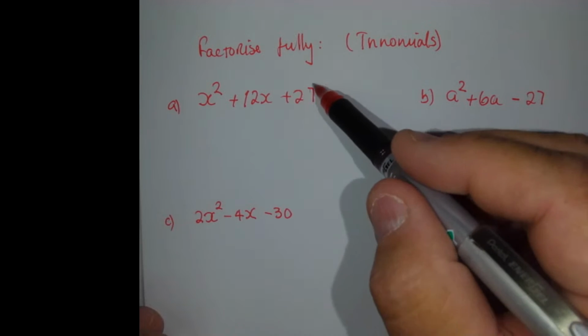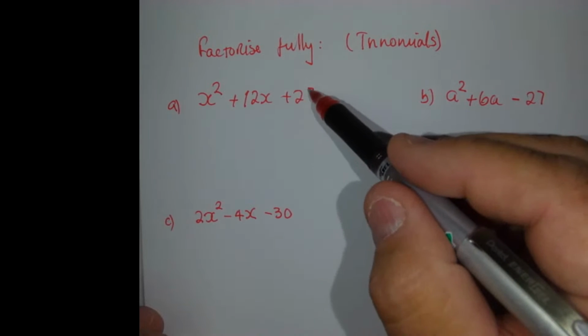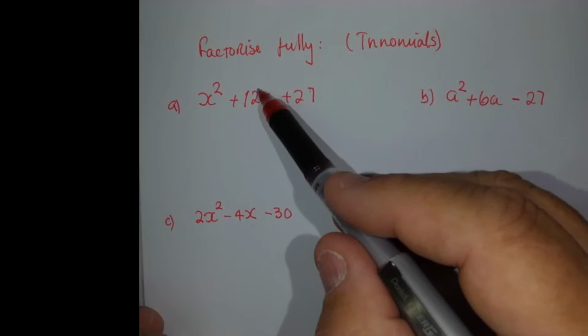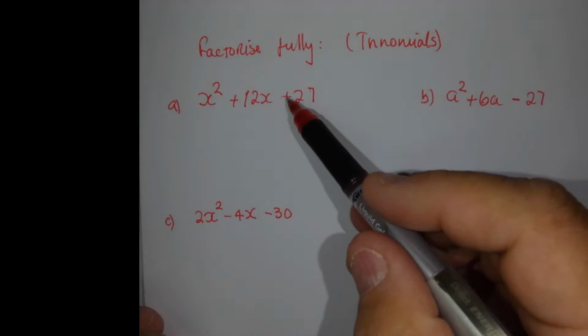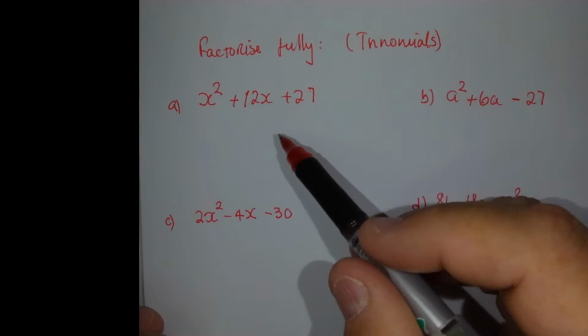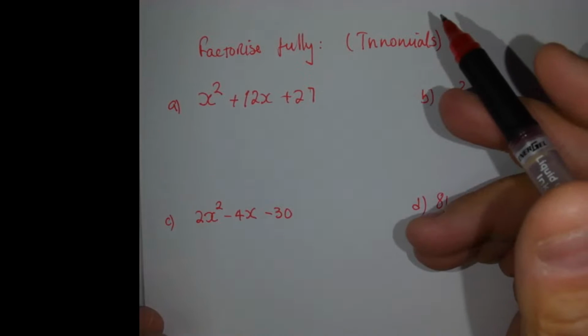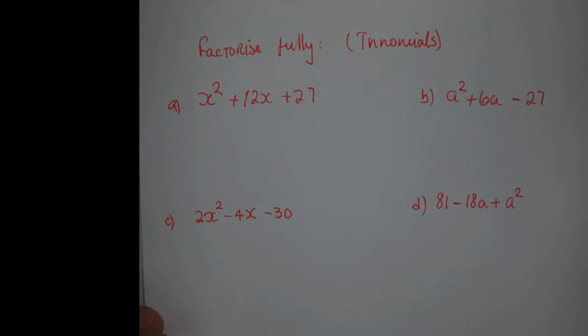Once I've found a pair of numbers that multiply together to make 27 and add together to make 12, then I have my solution. Now, there are many ways and many theories, and they talk about whether one is positive and the other is positive. But I'm going to give you a general way, and as you go along, you will master the skill a little more.